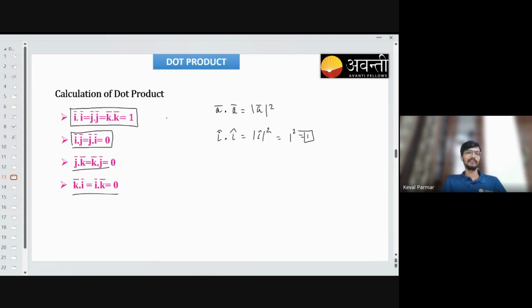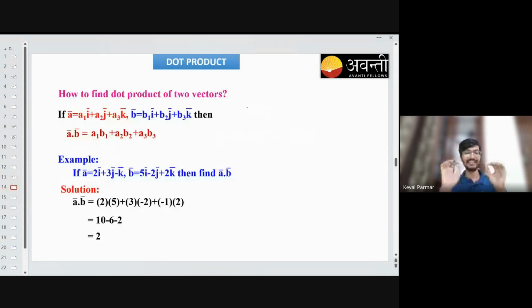Let's see what we have. Find dot product. Finding dot product is very, very, very simple. Let's say we have two vectors A bar and B bar, as A1 I cap plus A2 J cap plus A3 K cap and so on.